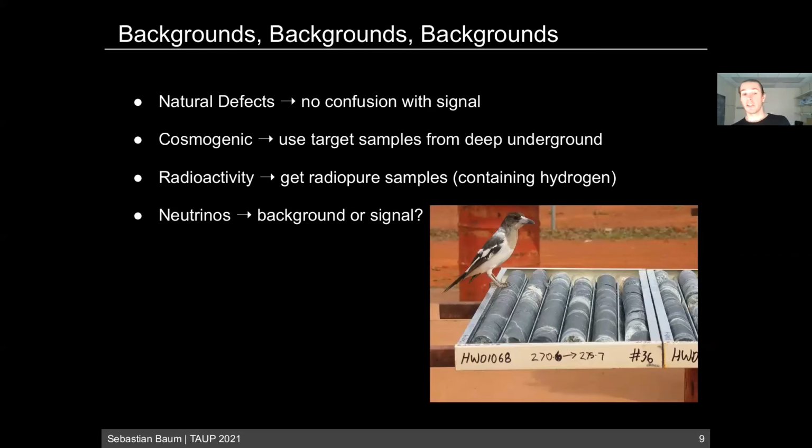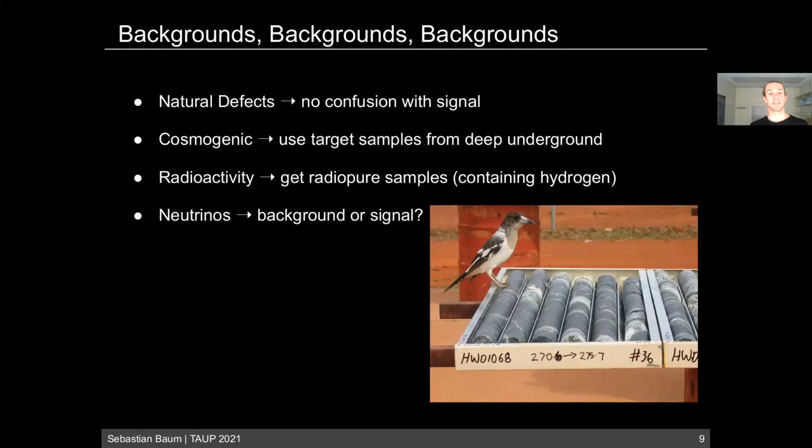You might worry about cosmic rays hitting your target, either by interactions or directly from the charged cosmic ray inducing a damage track. The way you would deal with cosmic rays in a paleo-detector is exactly the same as in a conventional direct detection experiment. You would use a target sample that has been spending its life very deep below the surface of the Earth.